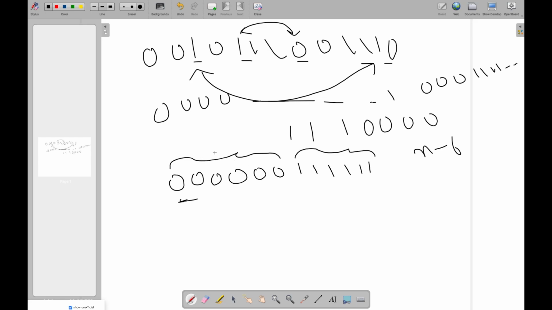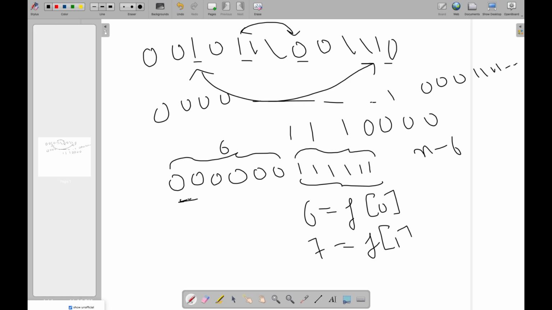So we can just choose the ones that come in the first 6 indices, and the zeros that come in the last 7 indices. And how did I get 6? 6 is just the frequency of 0 and 7 is just the frequency of 1.